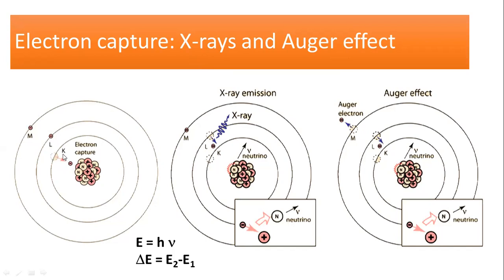That's why this is also called K electron capture. If it captures one electron, what phenomenon happens here? A vacancy is created in the K shell, and of course, once this vacancy is created, the electrons present in the L shell have the ability to move towards the K shell.